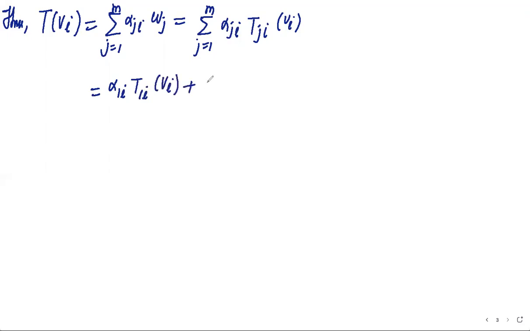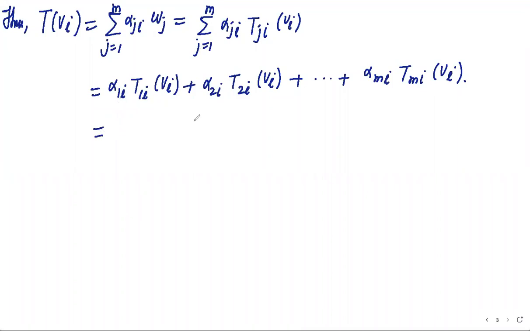Then the second term is alpha 2i T 2i vi. इसी तरह से then so on alpha mi T mi vi. यहाँ तक ठीक है? हमने just expand इसको किया by using the different values of j and where j varies from 1 to m. Now अब मैं यहाँ पे कुछ steps लिखूंगा, एक line लिखूंगा, then we will see मैंने वो line किस तरह से लिखी.